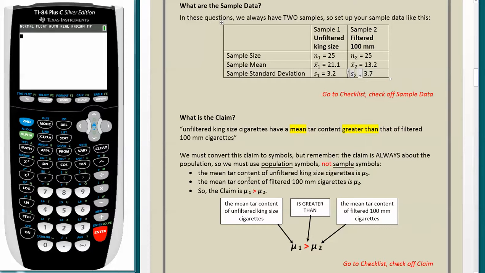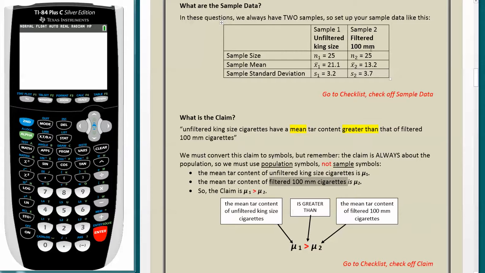So let's get back down here. The mean tar content of unfiltered king-size cigarettes is mu1. This is now the population mean we're talking about. Up here we had the sample mean, but now we're talking about the population mean. The mean tar content of filtered 100 millimeter cigarettes is mu2, just like up here, filtered 100 millimeters.